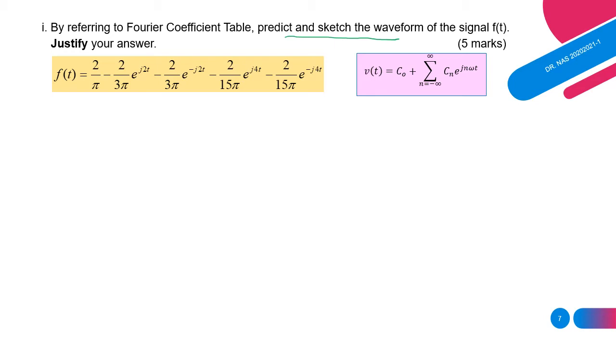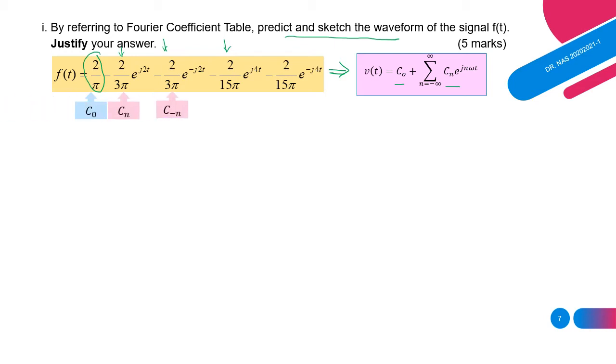Don't forget to compare the given equation with the general equation of complex exponential form. So you have C0 plus the Cn coefficients. Obviously from the given equation, the first one is C0 followed by Cn e^(jn omega t).